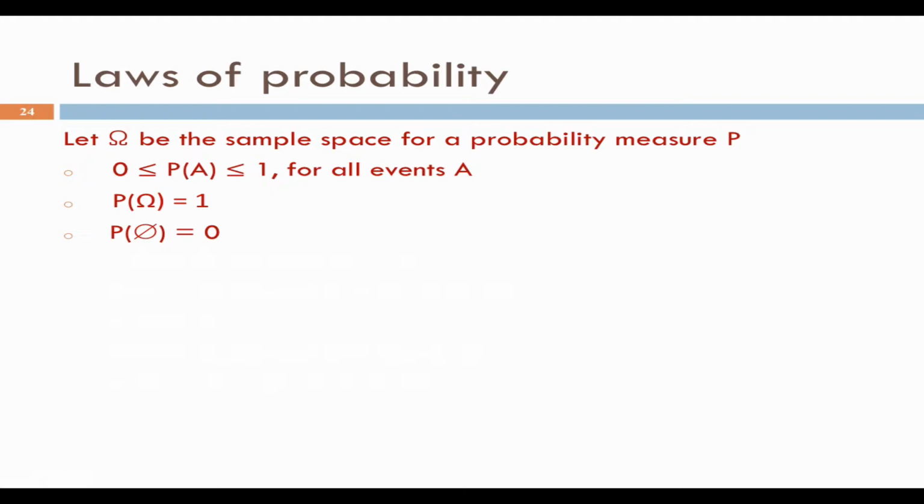And when does the probability equal 0? That goes back to the concept of the empty set. The probability of an empty set equals 0. And when does the probability go to 1? That goes to the concept of the total sample space.